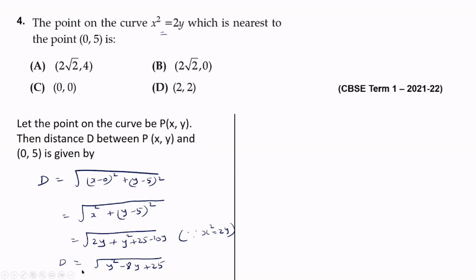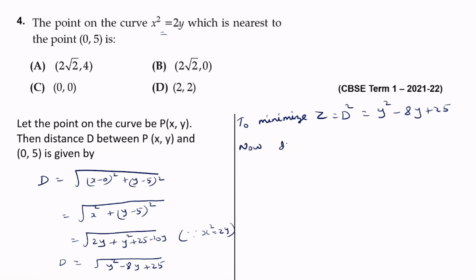And now we have to minimize this distance. If we have square root, then it will be difficult. So let us take z as d square. So to minimize z equal to d square equal to y square minus 8y plus 25. So we have to find the value of y for which z is minimum.